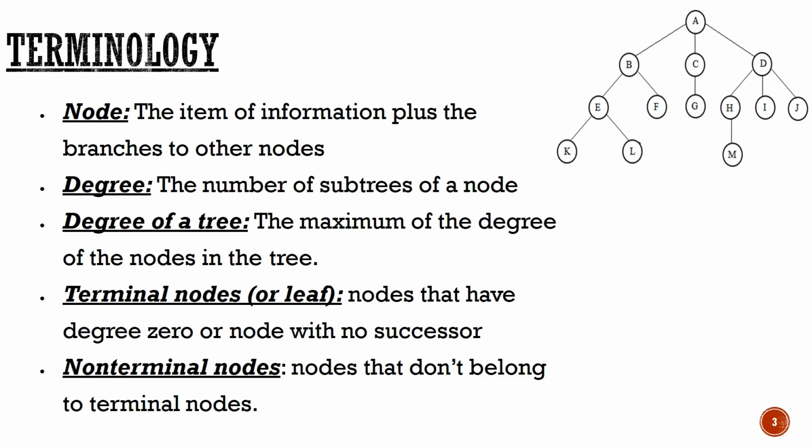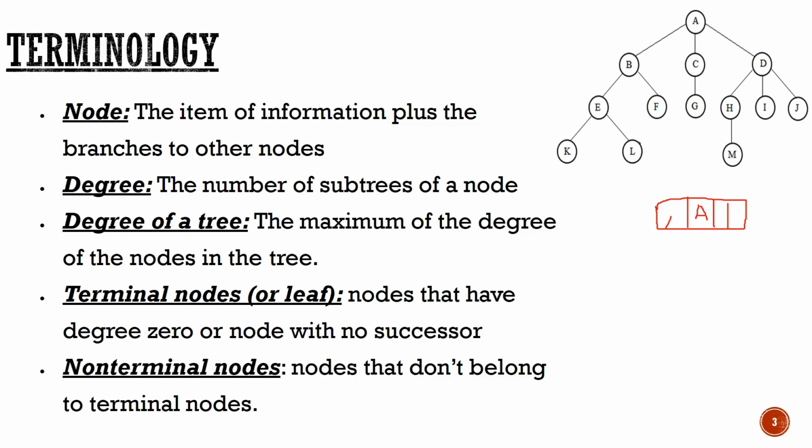Then next, the node will have our information. The content of any node will have the information in it. Along with the information, it will have the link to the other nodes. If we take the same tree again, the first node has the information A, and it has three links.